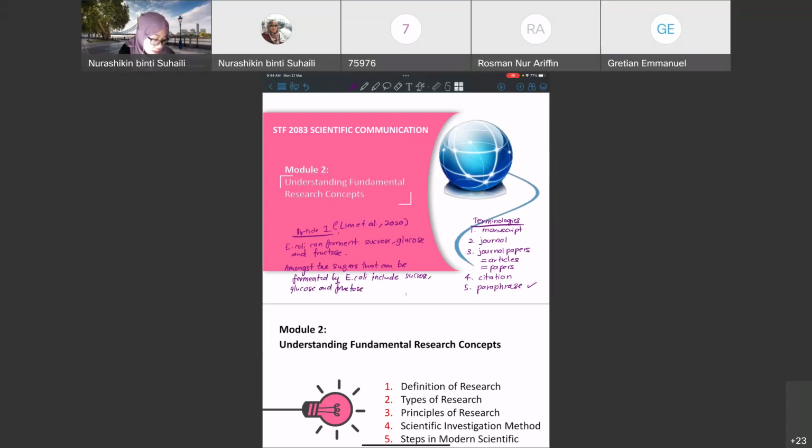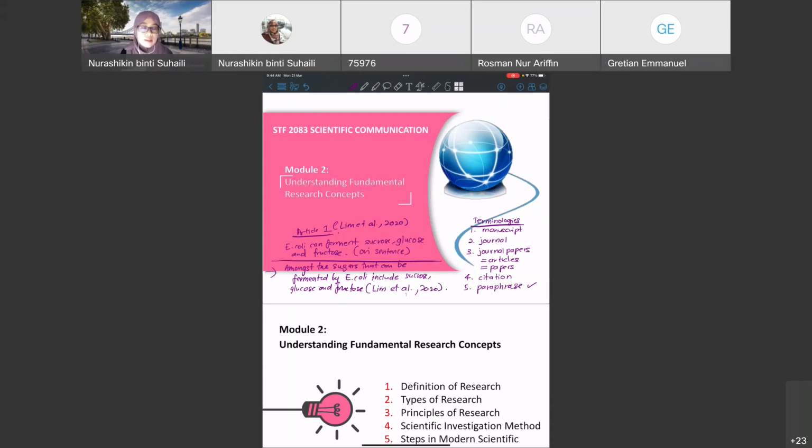Now, this is the original sentence, and this is my sentence. I want to put this in my report, so I have to cite Lim et al., because it's from Lim. Lim et al., 2020. Okay. So that's the right way how I cite and how I paraphrase.